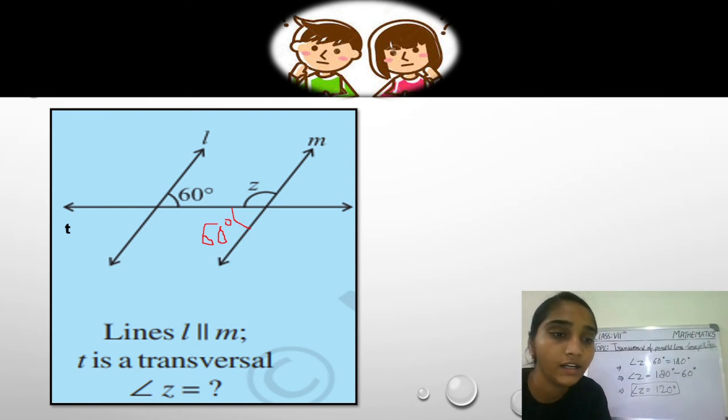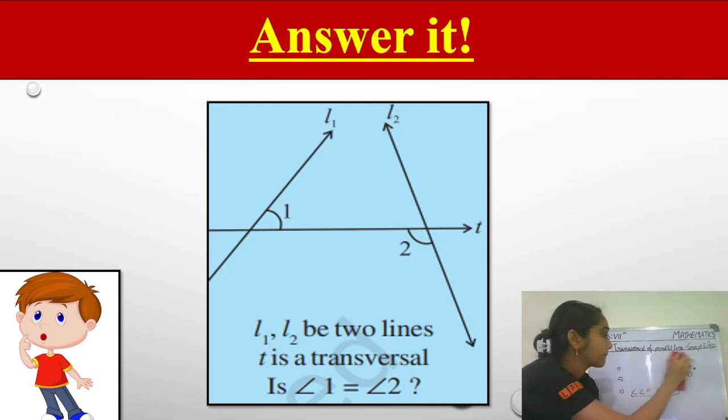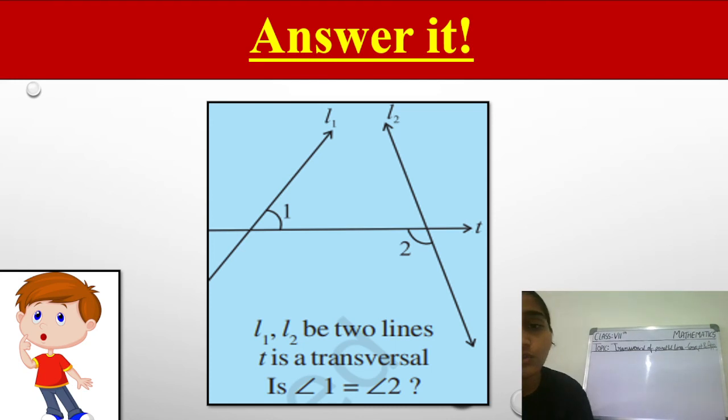So let us move ahead now, students. You have to answer this also: if L1 and L2 are two lines, and T is a transversal, is angle 1 equal to angle 2? Very good, students. You have correctly identified that angle 1 will not be equal to angle 2. Why?